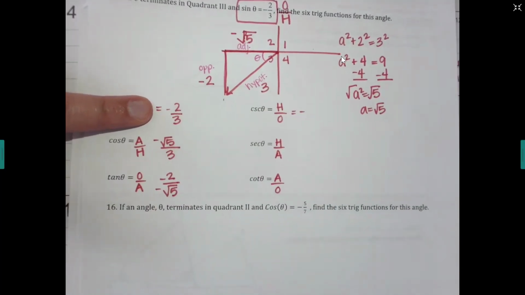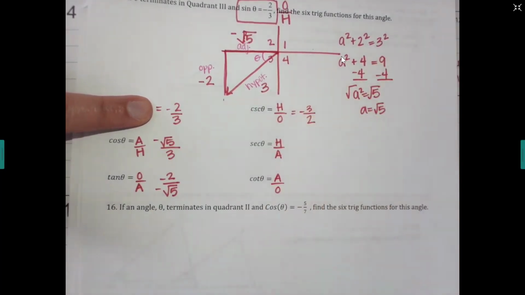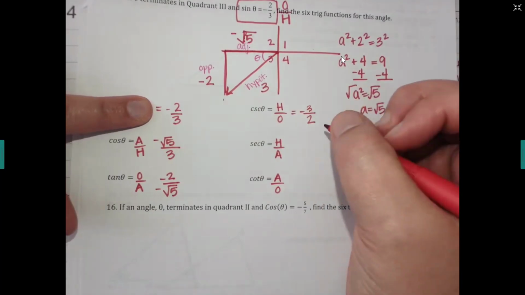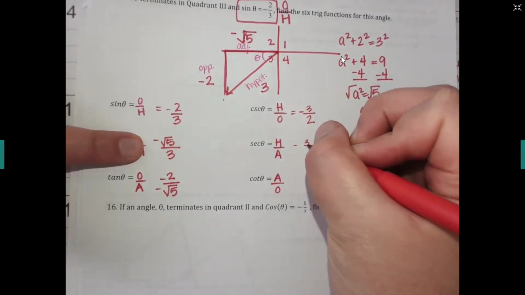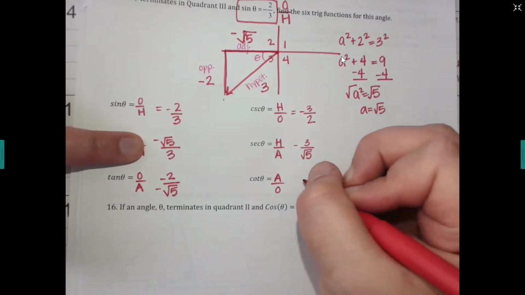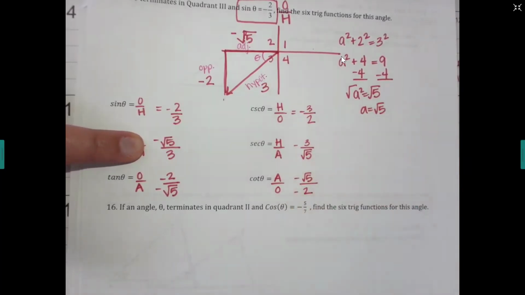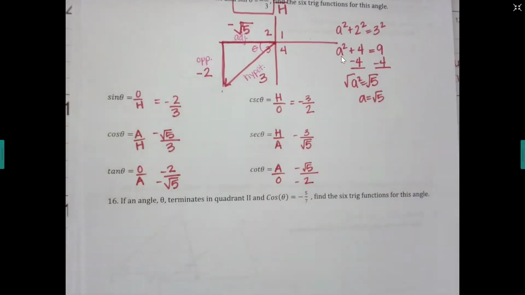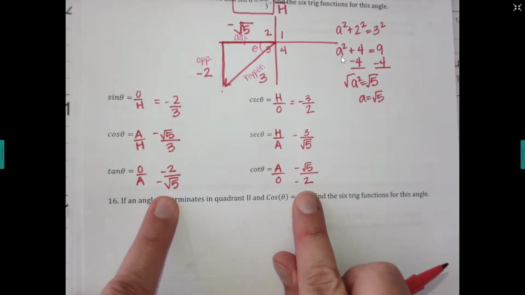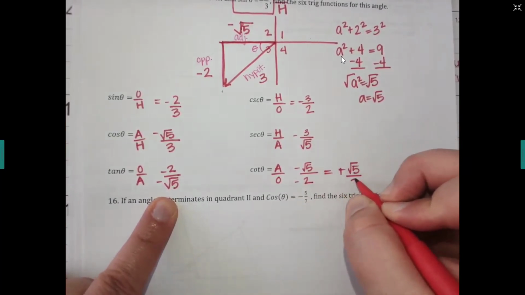So now when I flip it, negative 2 over root 3 is a negative 3 over 2. My negative root 5 over 3 is now a negative 3 over root 5. And then my negative 2 over negative root 5 is now a negative root 5 over a negative 2. And then what do I do with these if they have double negatives? They're going to just cross out. So this will be positive root 5 over 2.